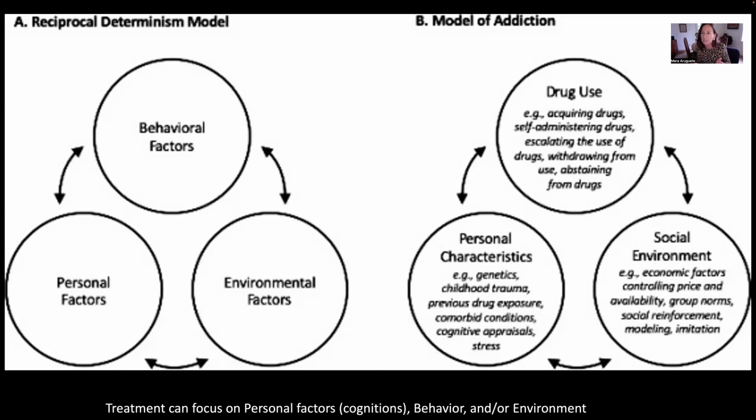One may be dominant at a particular time, but all are working together to promote addiction or to promote abstinence, right? Because we can also use them for good. So really, when we talk about treatment for drug use or drug addiction, the treatment can focus on those personal factors.